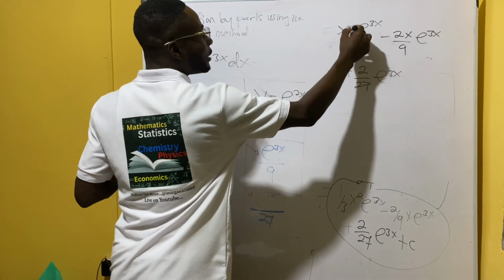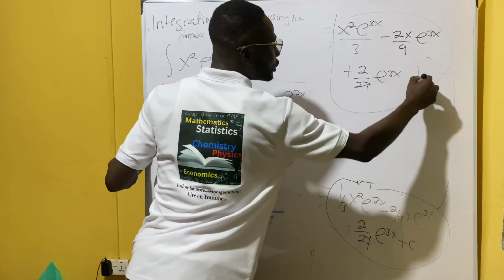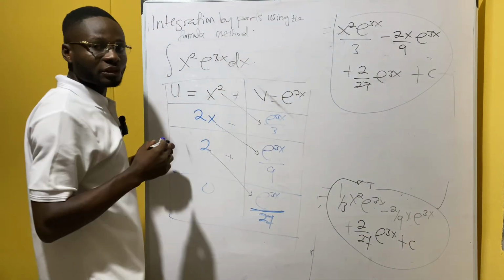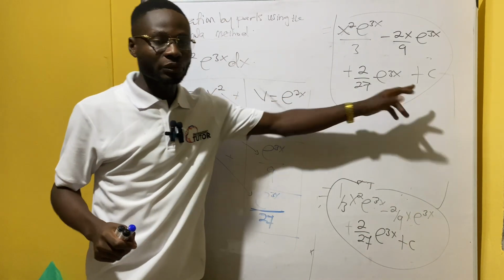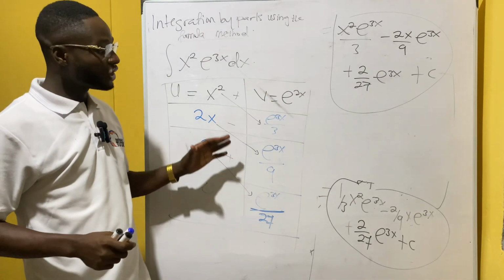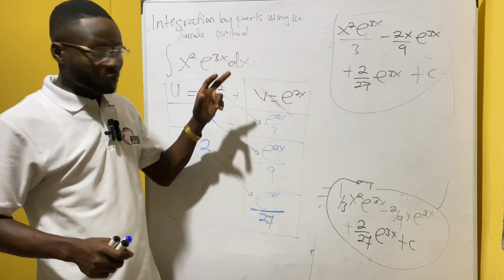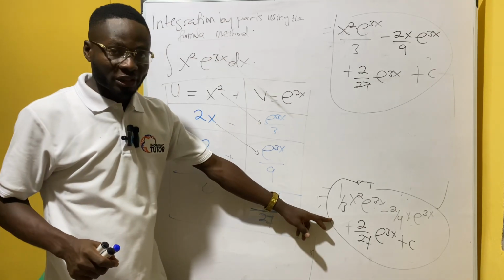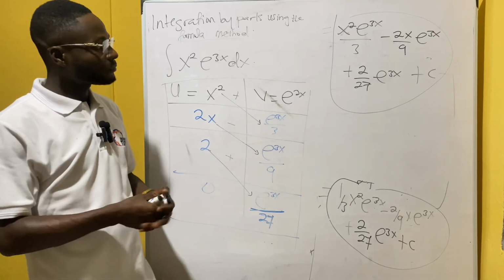And then we can see that we have the same solution. Don't forget your constant of integration. When you are done with everything, you add the constant of integration. So that is the tabular approach. You see how snappy it is when we use it to check the formula approach together with the same question we just finished.